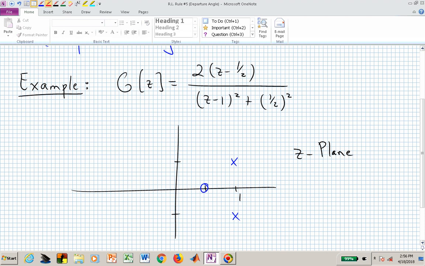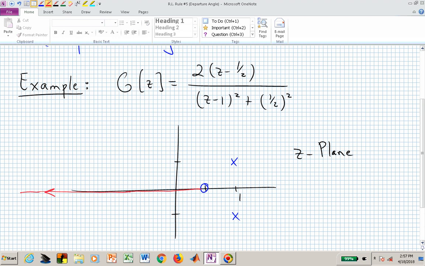So we have an asymptote that's going off at 180 degrees or minus 180 degrees. We also can use rule number 2 to determine that the left side of the real axis to the left of the zero at z equal to 1/2 belongs to the root locus, and we should have 2 branches on that particular line segment.